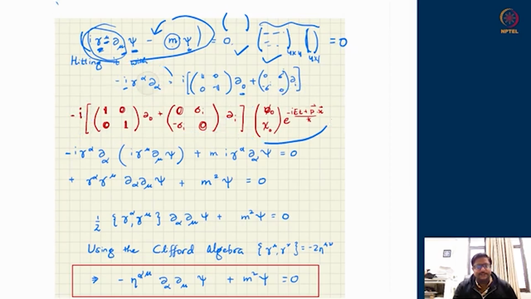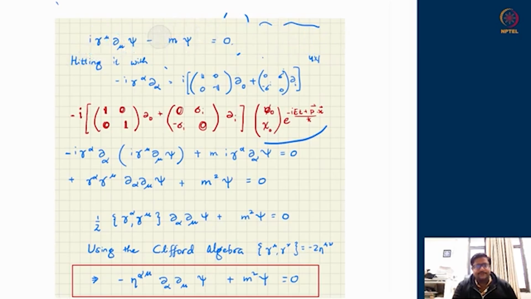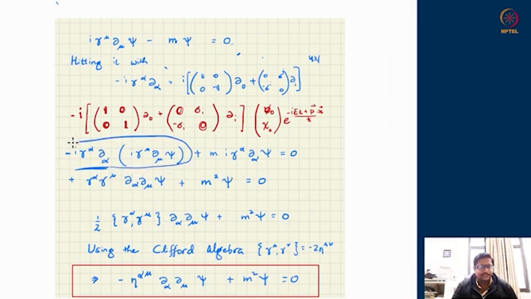What do I get? So I have this equation at hand. I multiply this equation with this object, and let us see what are the different terms I'm going to get. The first term becomes this, an extra multiplication with gamma alpha del alpha, and the second term also becomes m times multiplication with minus iota gamma alpha del alpha.